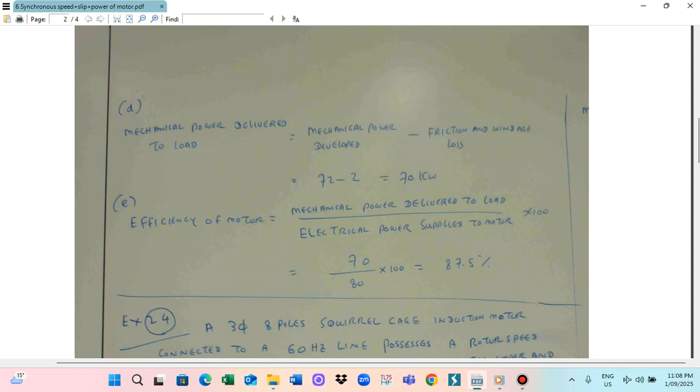And finally, we calculate the efficiency of the motor. The efficiency is the mechanical power delivered to the load divided by the electrical power supplied to the motor.